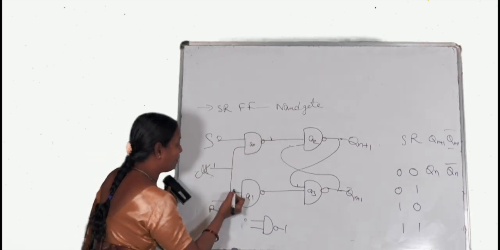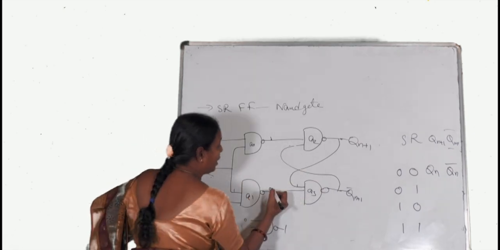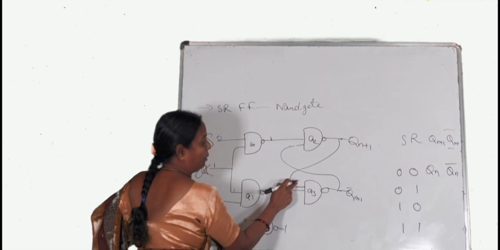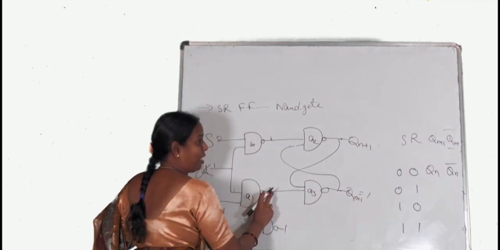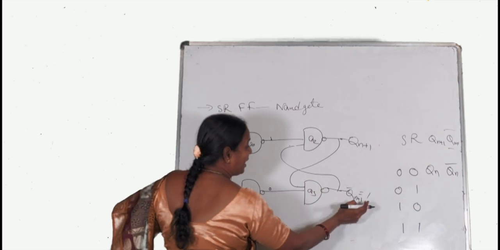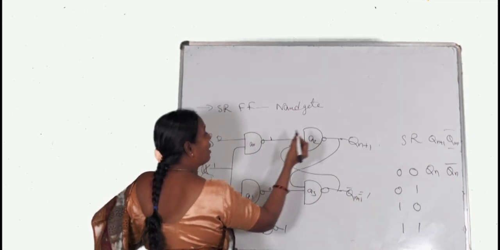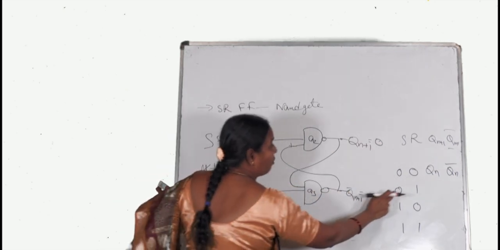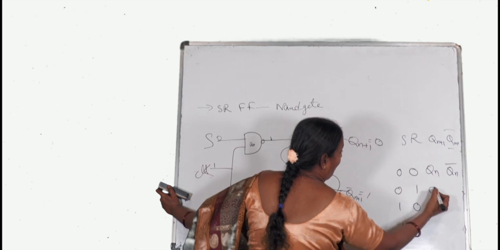And again here 1, 1 means the output is 0. Irrespective of the other input, the output will be 1, because as any one of the inputs is 0, the output of the NAND gate is 1. This one is given again here. So 1, 1 means the value is 0. So for 0, 1 inputs, the output will be 0, 1.